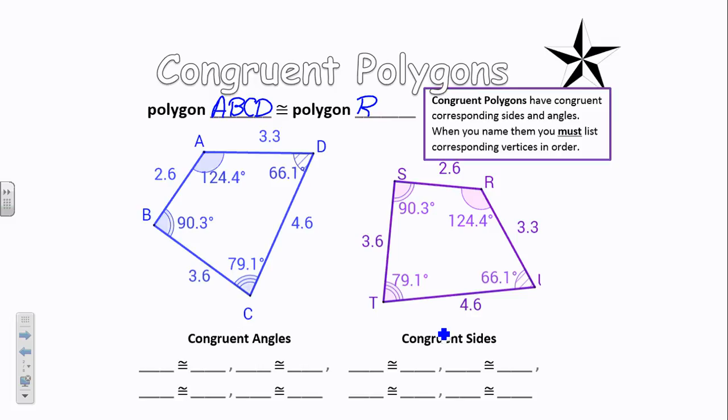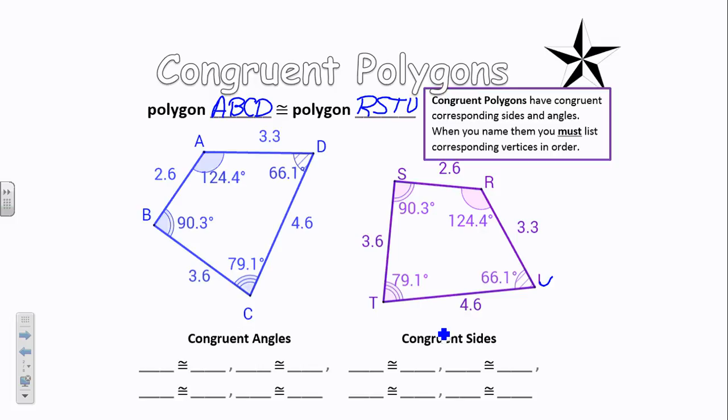S, because S also has a measure of 90.3. Angle C is congruent to which one? T, because they both have a measure of 79.1. And angle D is congruent to, it's supposed to be a U, it got cut off.